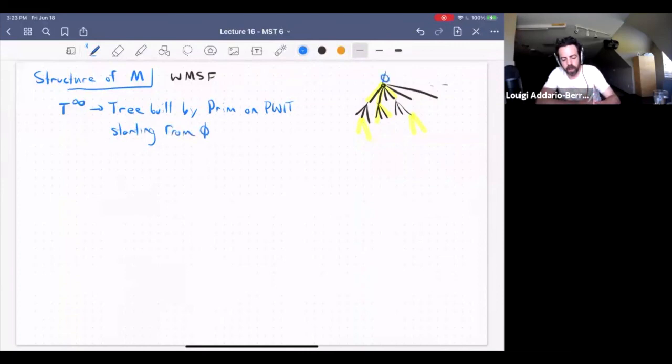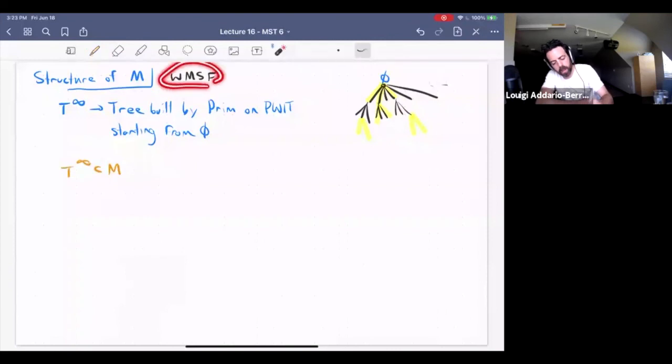So this is a subtree of the minimum spanning forest, because it's a subtree of M. The whole wired minimum spanning forest takes all of the trees built by Prim's algorithm from everywhere and takes their union. And when you take the union of all of those, it can add in some other components to this tree T infinity. But we'll start by studying T infinity and then move from T infinity to studying M.